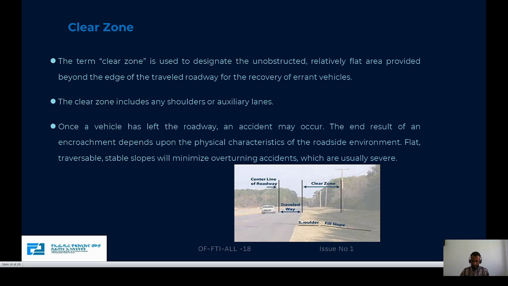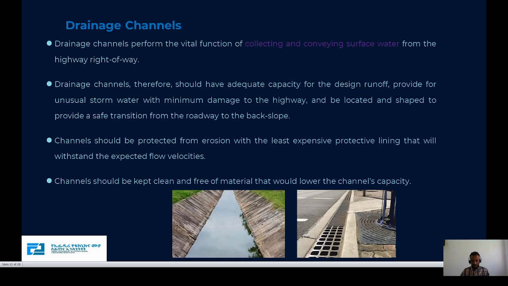In these figures we can see the traveling way, or carriageway. After that there is a shoulder, and from the edge of the traveling way, or starting from the shoulder up to the fill slopes, is the clear zone. Once a vehicle has left the roadway, an accident may occur, so this feature decreases the severity of the crash.